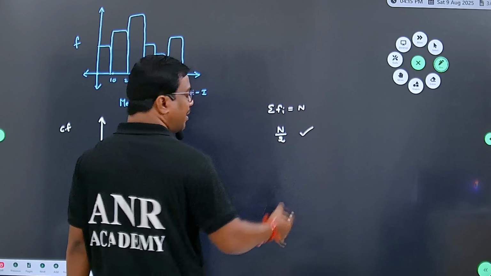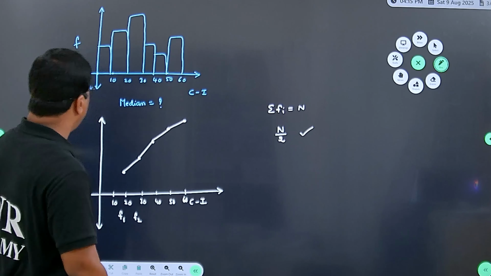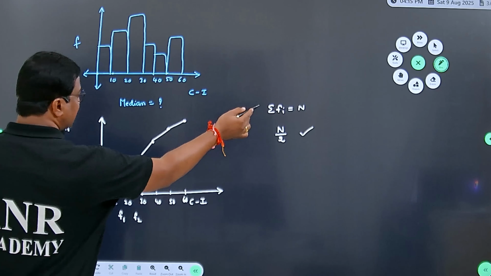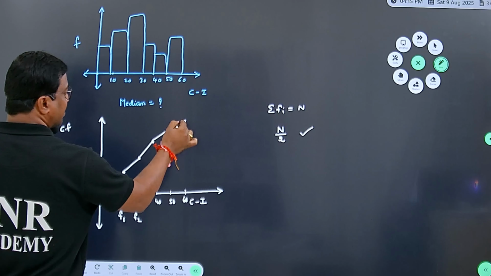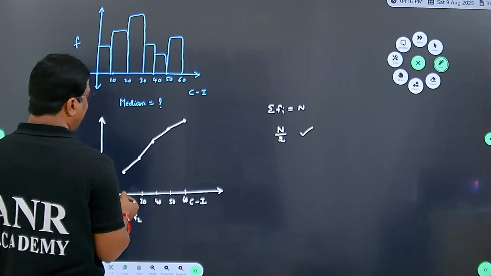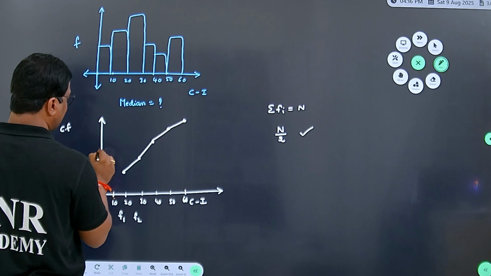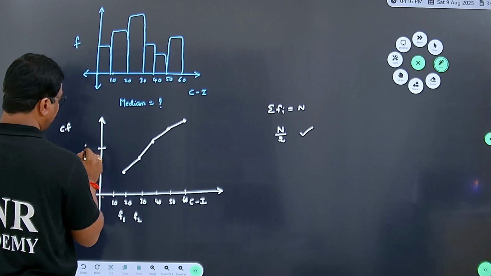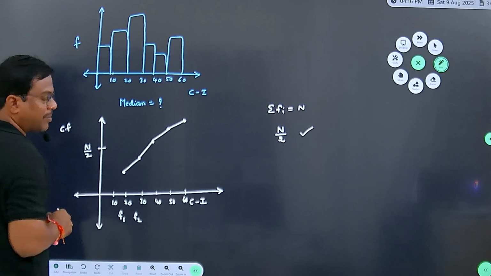Depending upon n by 2, we find median, right? Sum of cumulative frequencies, suppose n, that is height, this one, final height. Next divide by 2, suppose that this is of n by 2. Somewhere here I am going to mention n by 2.